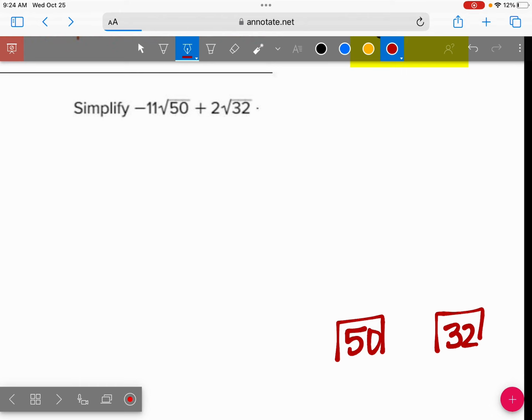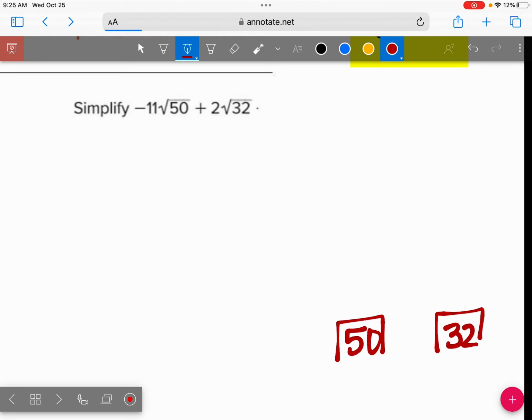Go ahead and do those 2 numbers. Okay, so for the 50, how many layers did you have on the cake? Show me with your fingers how many layers.